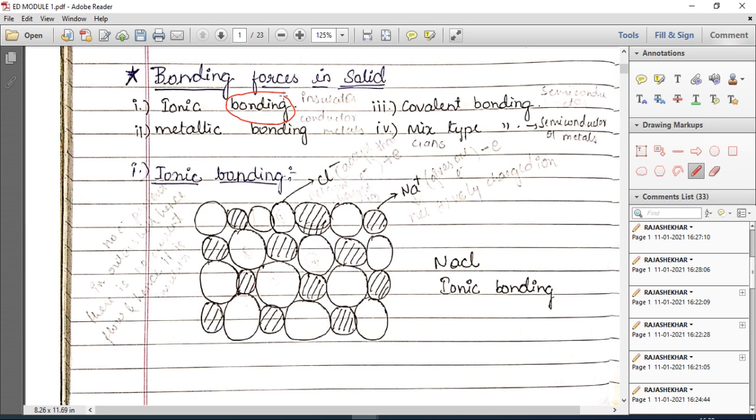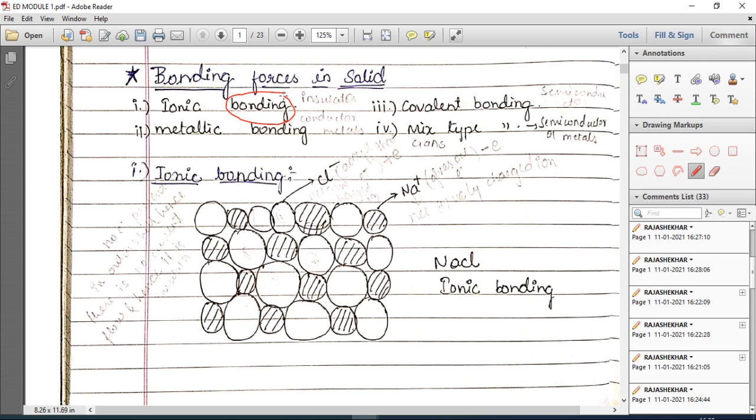Based on this bonding, we will categorize them like metals, insulators, and semiconductors. In this topic, we are going to understand how the bonding plays a role to decide which type of material this is.